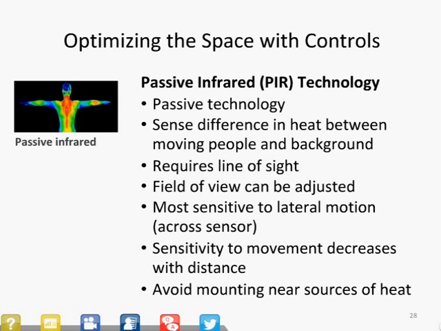So the further you get away from the sensor, the less sensitive it is in picking up your motion. And finally, and this is really pretty critical, avoid mounting PIR sensors near sources of heat. Excessive heat can limit its detection capabilities. But if your data center is adequately cooled, a good PIR sensor will have no issues, even in the hot aisles.